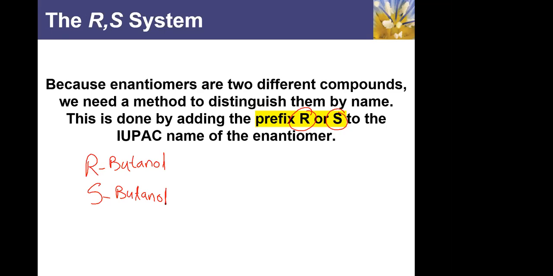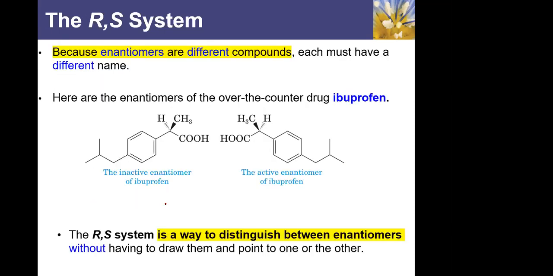The R is inactive. It doesn't do anything in my body if I eat R. But S is active. So you have to consider R and S as 2 different molecules, which is why they should be given different names. These are the 2 enantiomers of ibuprofen. We'll come back to drugs at the end once again.